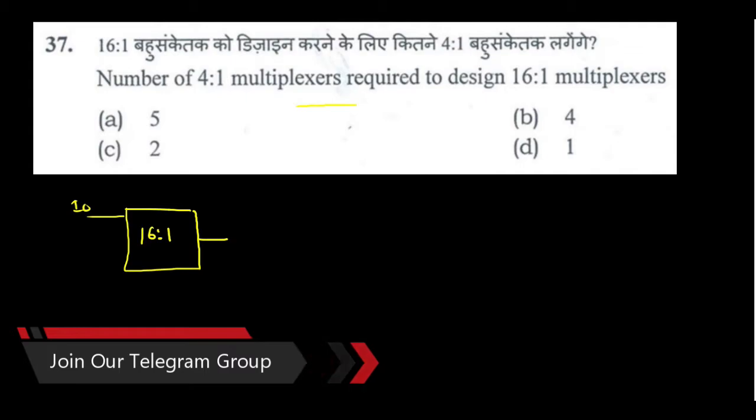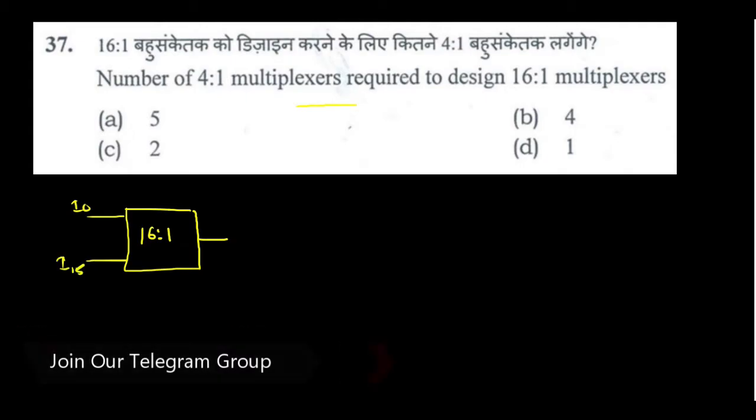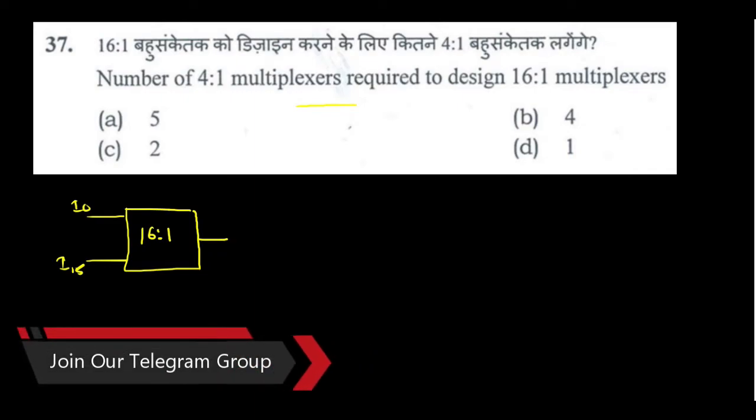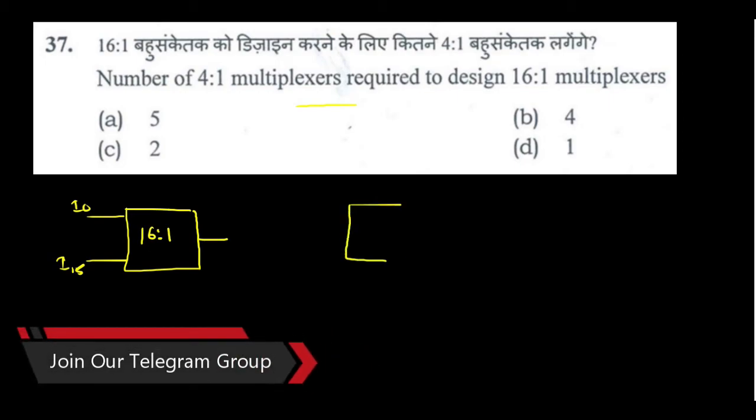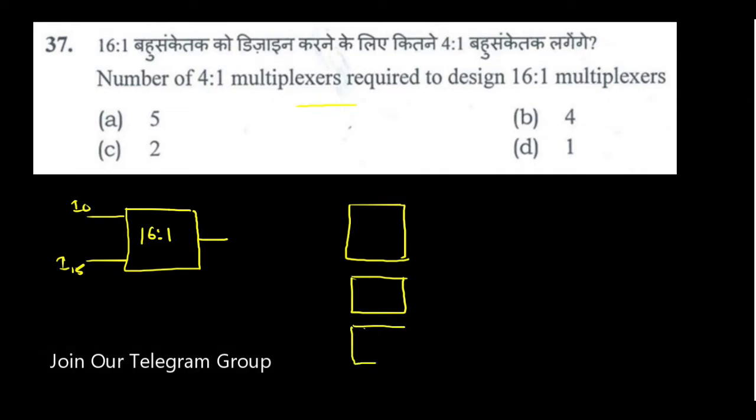That means we will have 16 inputs, I0 to I15. But what we have are only 4:1 multiplexers. Using those 4:1 multiplexers, we have to design it. Now we know we have 16 inputs, so I will take 4 of 4 multiplexers.